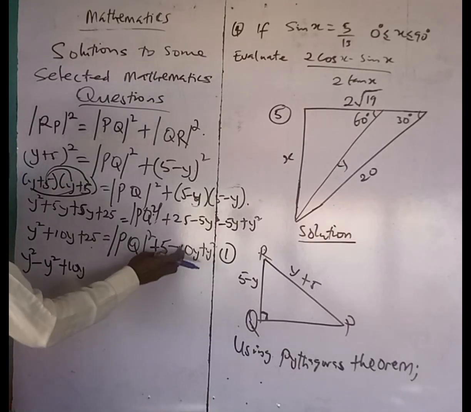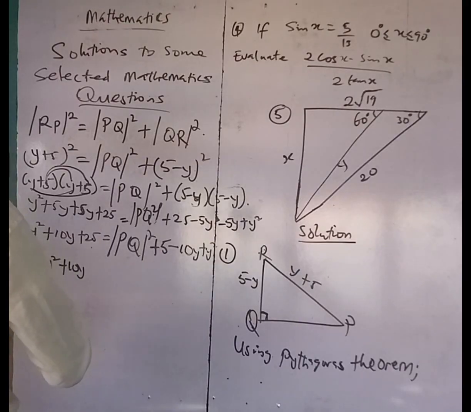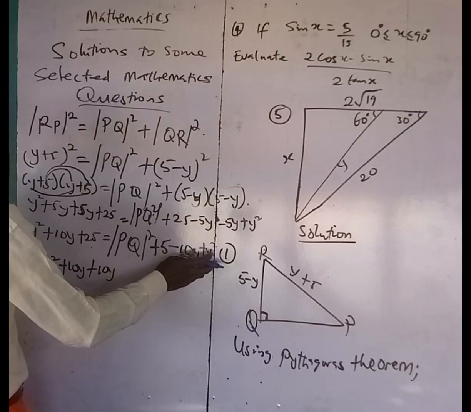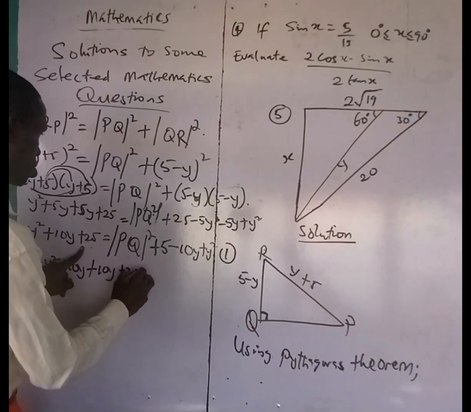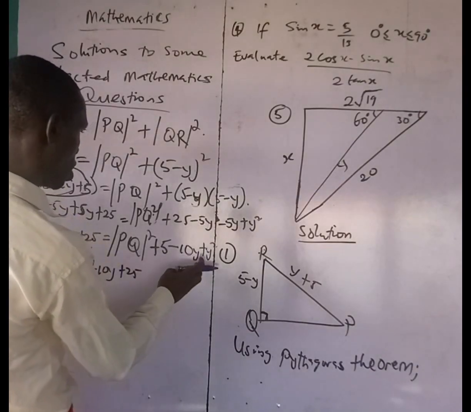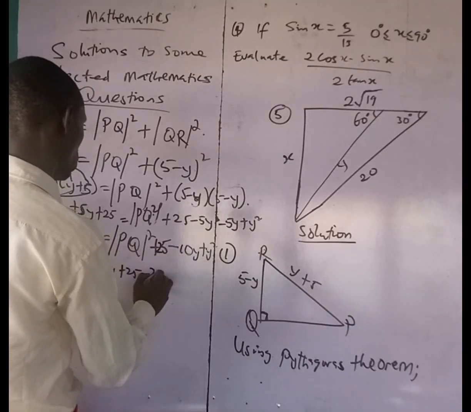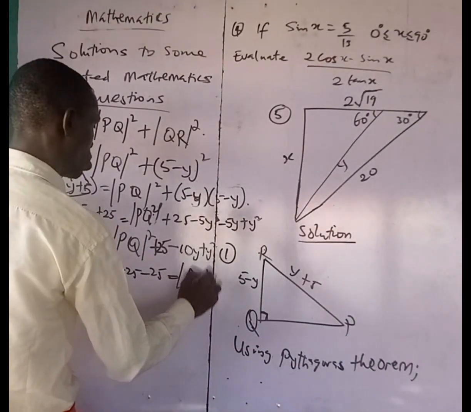Minus 10y becomes plus 10y. Then 25 becomes minus 25. Then we are left with PQ squared.